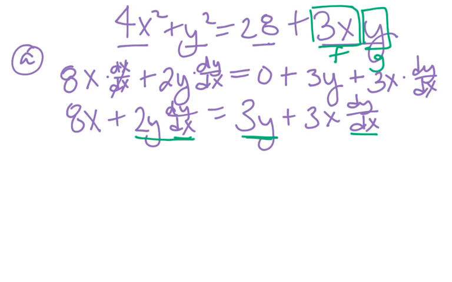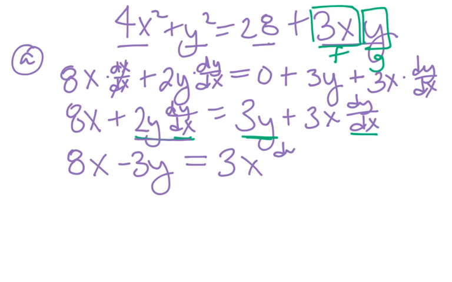So subtract 3y from both sides, I get 8x minus 3y, and I'm going to subtract 2y dy/dx from both sides. I get 3x dy/dx minus 2y dy/dx. Next, I'm going to factor the dy/dx out of these terms.